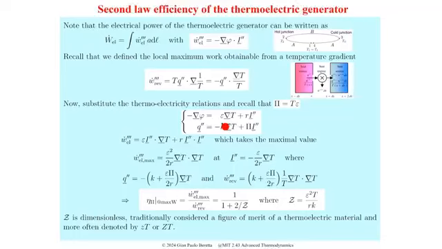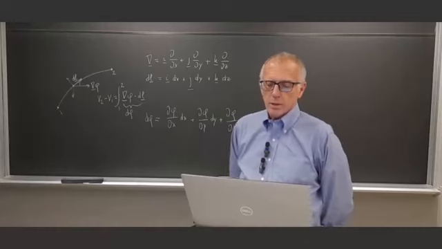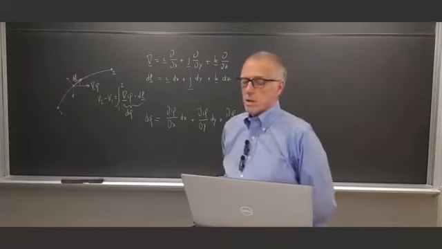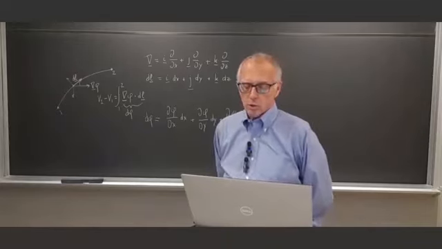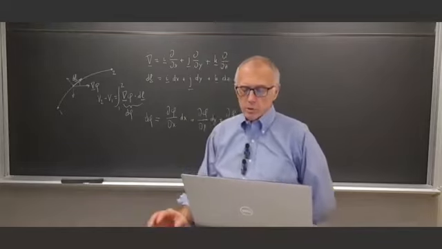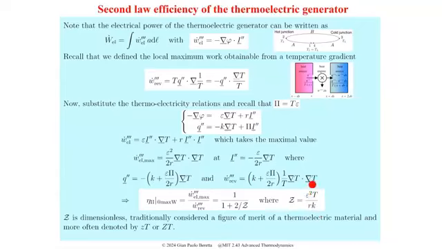Now, regarding the thermoelectric generator, traditionally people like to characterize the materials with this parameter here, which is called the figure of merit for the thermoelectric material, which is the epsilon, so Seebeck squared times temperature divided by resistivity and thermal conductivity.